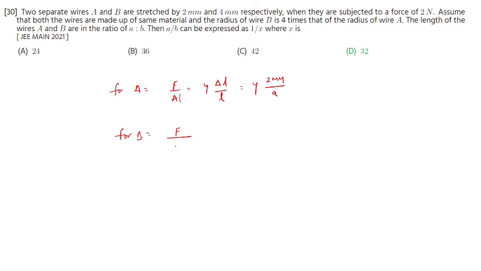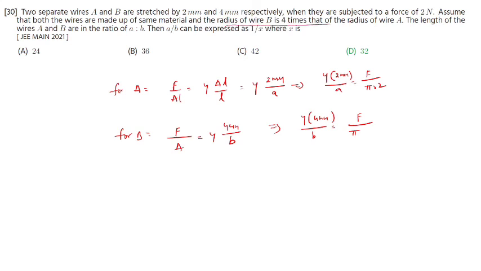F divided by area is equal to Y into 4 mm divided by B. Children, we can write this equation like this: Y into 2 mm divided by A is equal to F divided by pi r square. Even we can write Y into 4 mm divided by B is equal to F divided by pi into, here the radius of B is 4 times, so that is 16 r square. So this is equation 1 and this is equation 2.